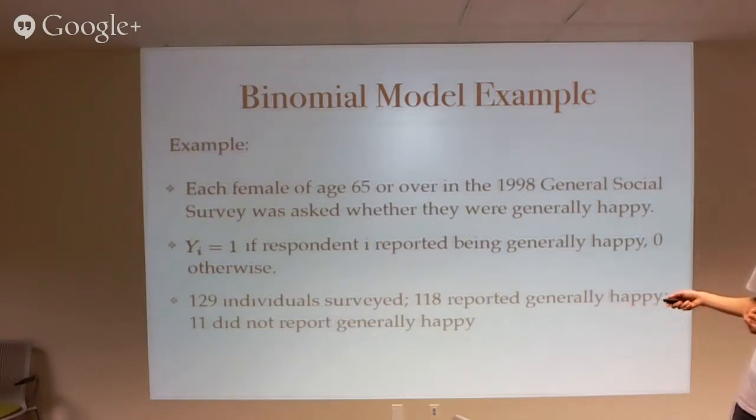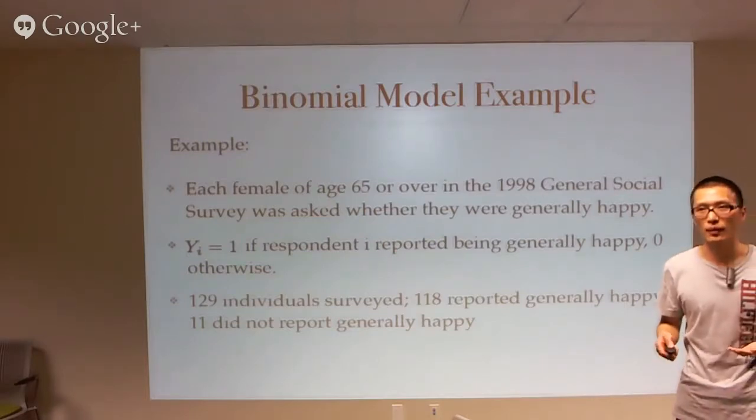This example is each male and female of age 65 or over in the 1998 General Social Survey was asked whether they were generally happy, and y is equal to 1 if the respondent reported being generally happy, 0 otherwise. Okay, this is the binomial distribution.